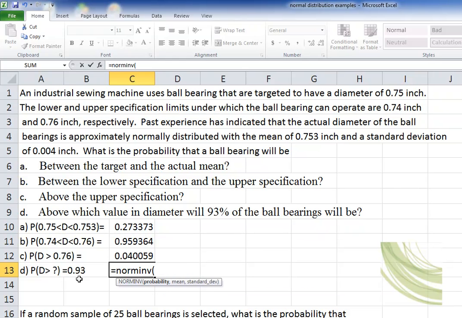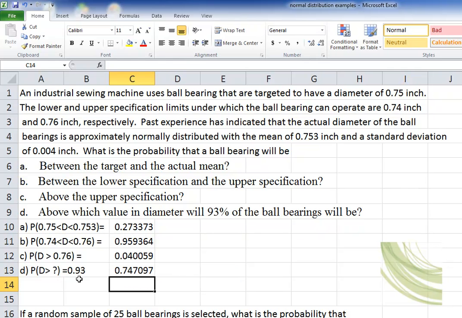We know probability, we want to find out diameter. Probability will be 1 minus 0.93. Then you put mean 0.753. Then standard deviation 0.004. So if the diameter is 0.747, then the probability is about 93%.